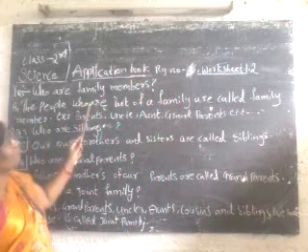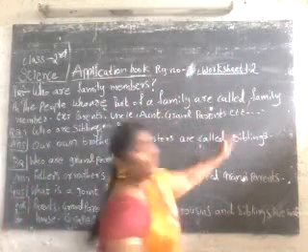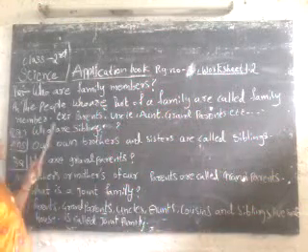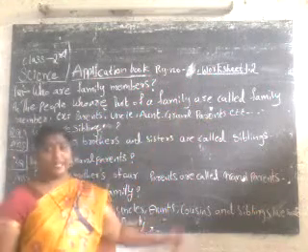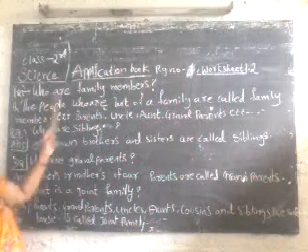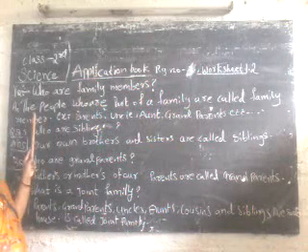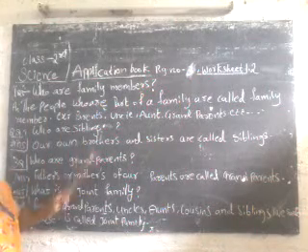The people who are part of our family are called family members. Example: parents, uncle, aunt, grandparents, etc. First question, who are family members? Here, write the first answer with finger gap, don't make mistakes.